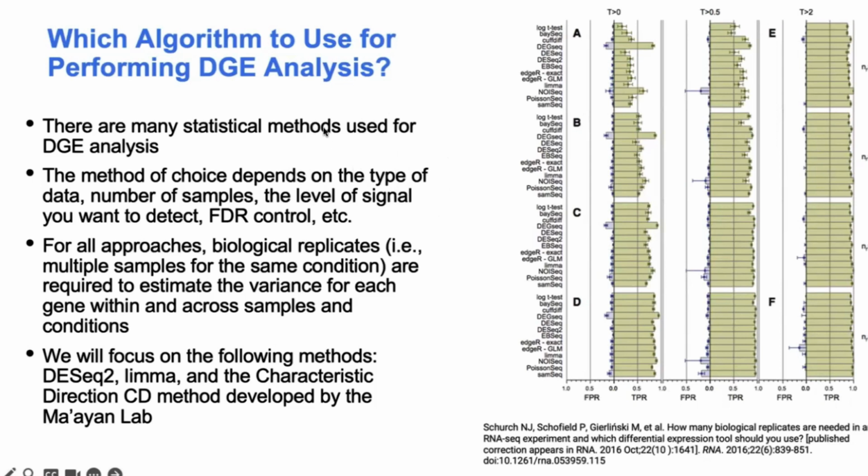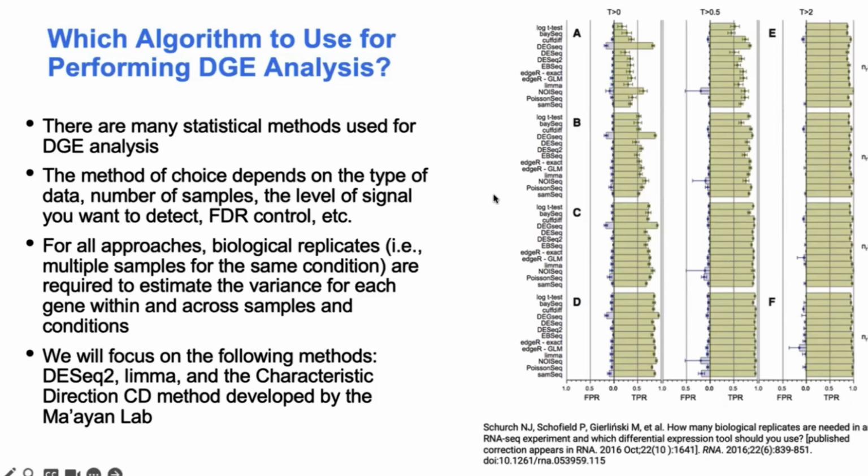And then a method like Poisson-seq assumes a Poisson distribution, etc. So you're going to want to be aware of what distribution best characterizes your data, and then choose a method that appropriately captures that behavior.